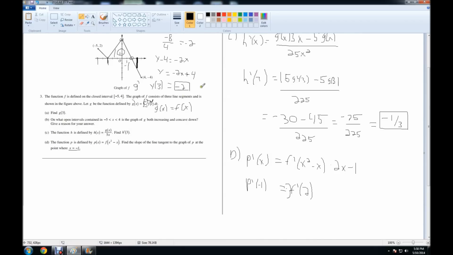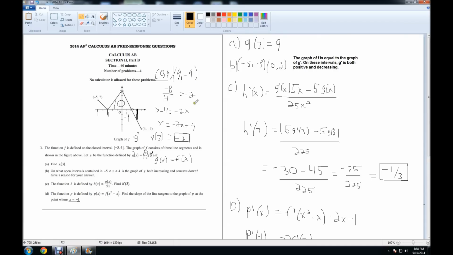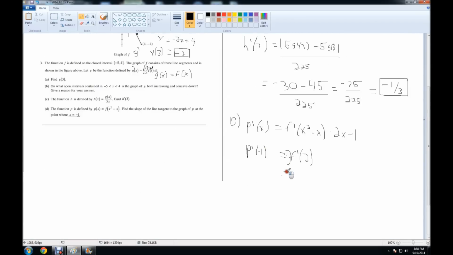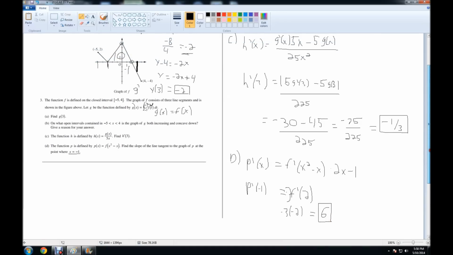The slope is negative 2, which is right here. I picked the wrong negative 2. That was a coincidence. So we have negative 3 times negative 2, which is equal to positive 6. And that gives us the answer to part D and concludes this question number 3.